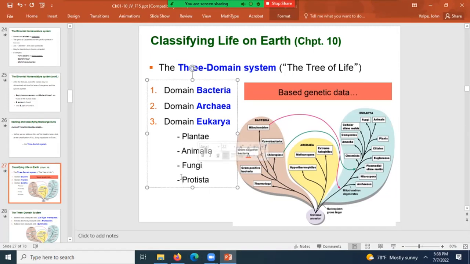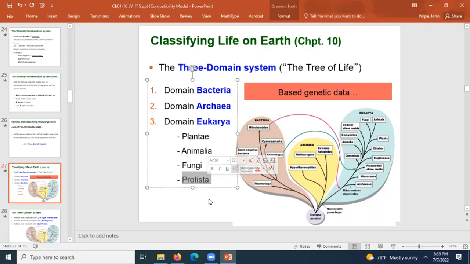So the kingdom Protista, by definition, is not a monophyletic group. Any questions about that? And I guess the kingdom Protista has members in it which are very different from each other in their sequence of DNA as well as in their biochemical makeup.